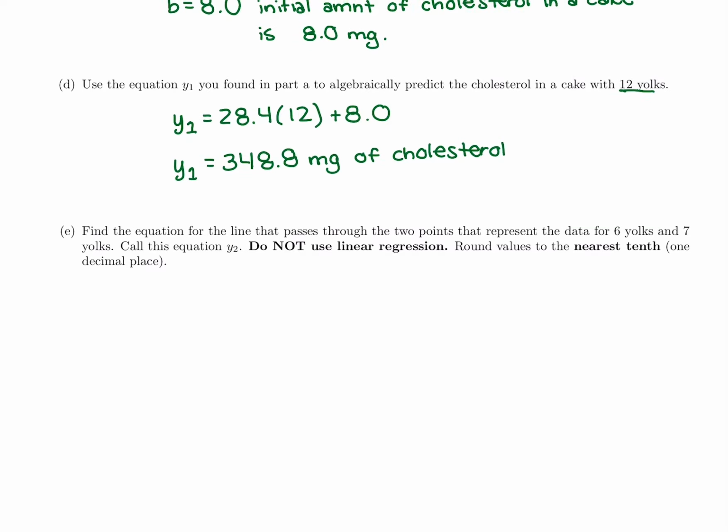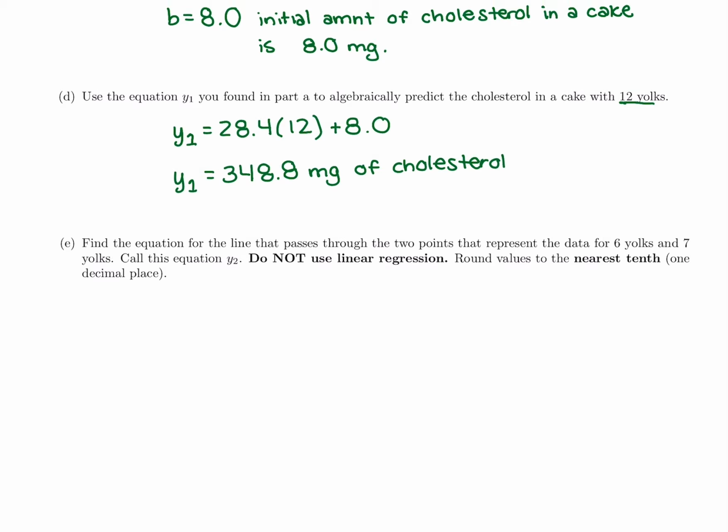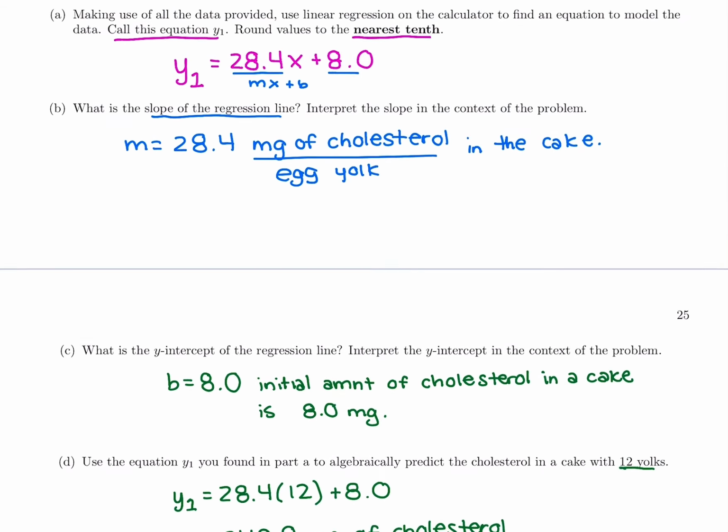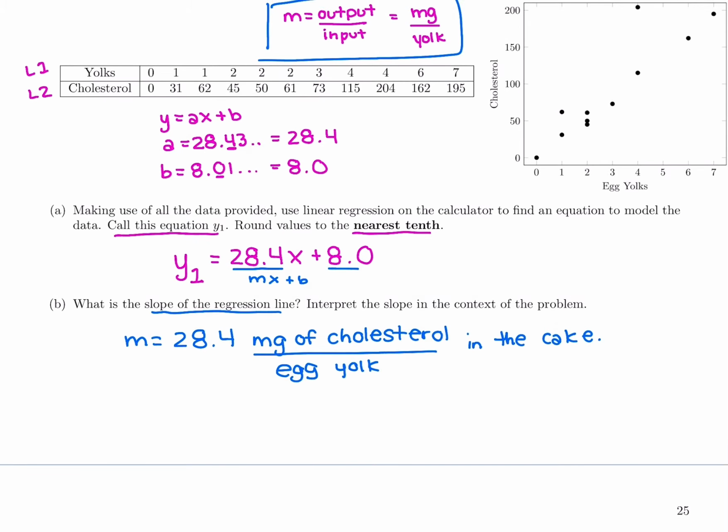We plug in the number of egg yolks and we get out the milligrams of cholesterol. The next step says find the equation of a line that passes through 2 points that represent data for 6 yolks and 7 yolks. So we use linear regression to start this problem, but now we're not going to use linear regression. We're going to use 2 points to find the equation of a line. So looking at the chart, I need those x values and y values.